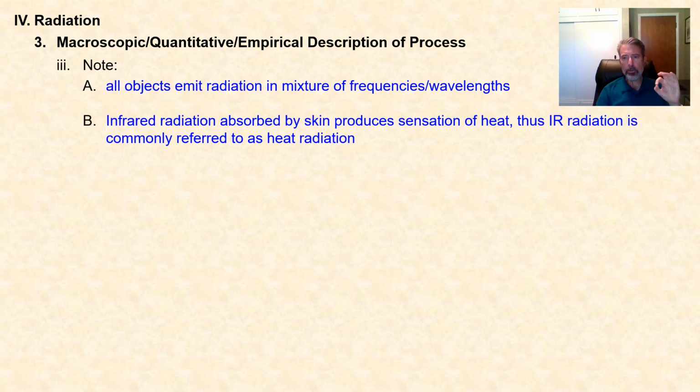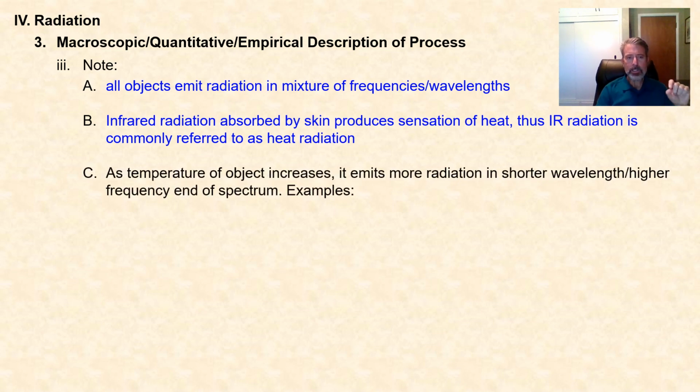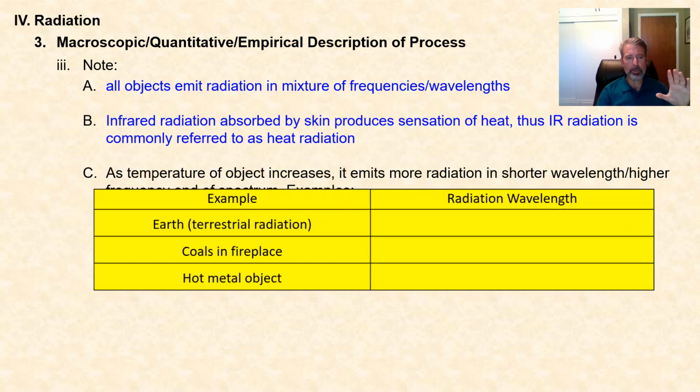So infrared radiation is commonly referred to as heat radiation. And remember that the infrared portion of the electromagnetic spectrum is slightly lower in frequency than that of visible light. As the temperature of an object increases, it emits more radiation in the shorter wavelength, higher frequency end of the spectrum. And this is what we were talking about on point A above. So let's just take a look at a couple of examples of this.